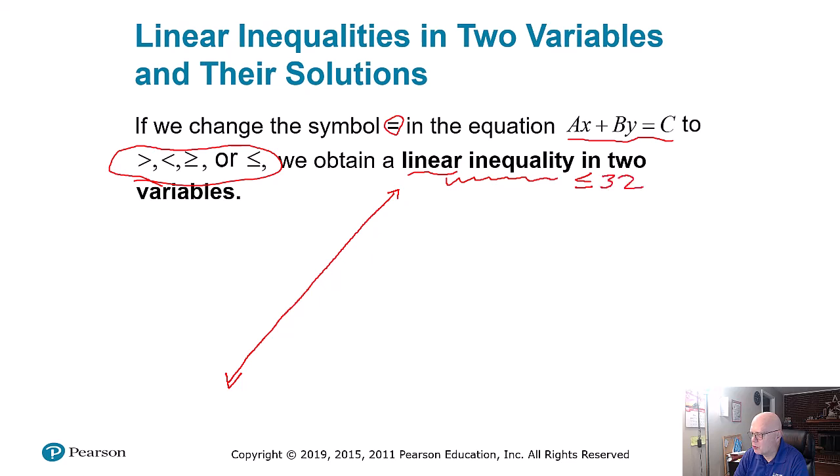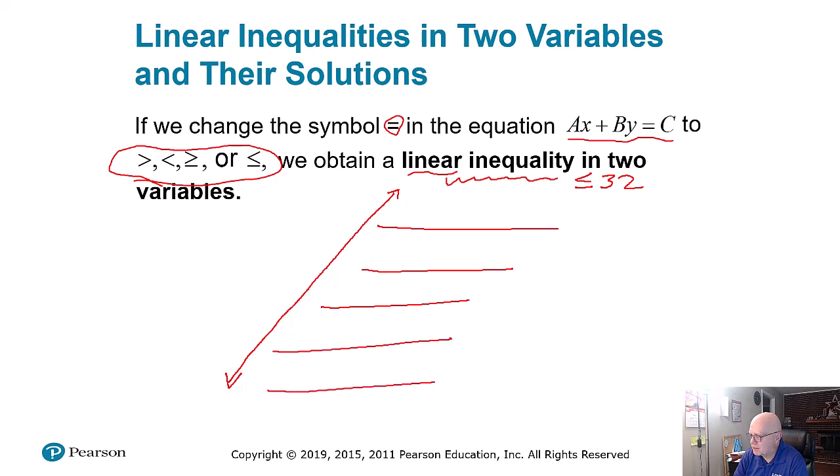Let's put 32 out here, whatever it is. Now, to be a linear inequality, it just means something similar to on the number line, except we're on the Cartesian coordinate plane. So our graph is going to look like this. Everything on the line and to the right.